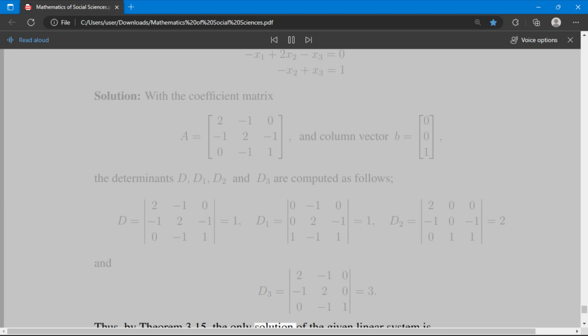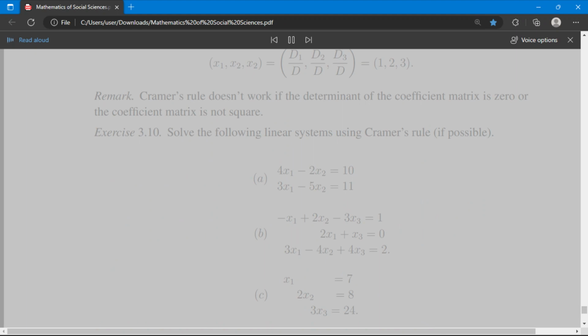Thus, by Theorem 3.15, the only solution of the given linear system is (x1, x2, x3) = (D1/D, D2/D, D3/D) = (1, 2, 3).